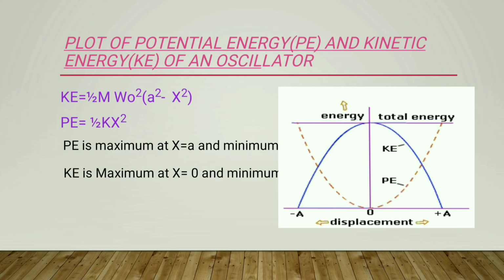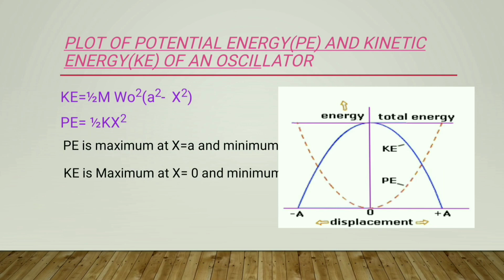Then going to the kinetic energy part, we can see the inverted parabolic curve. In this equation, when we put x equal to 0, we can see that kinetic energy is maximum at the mean position, and when we put x equal to a, the kinetic energy is minimum. That is, the harmonic oscillator stops at the extreme point. It doesn't possess any kinetic energy at the extreme point.